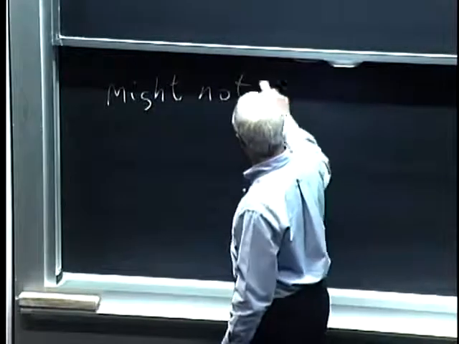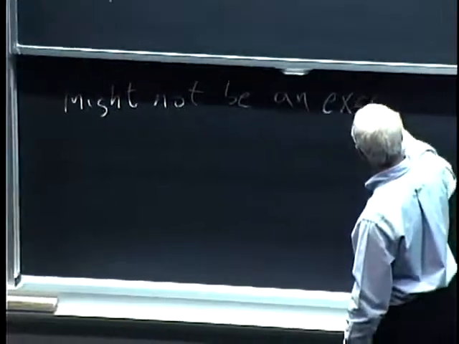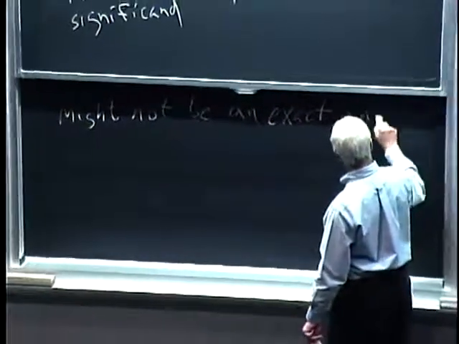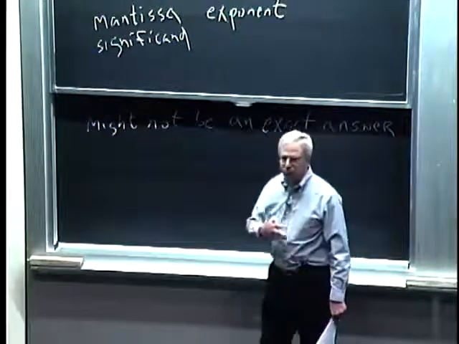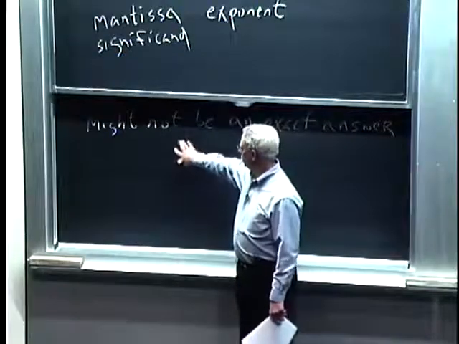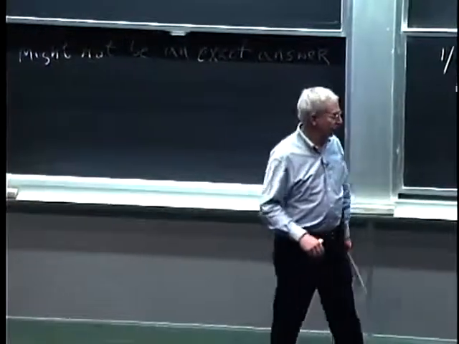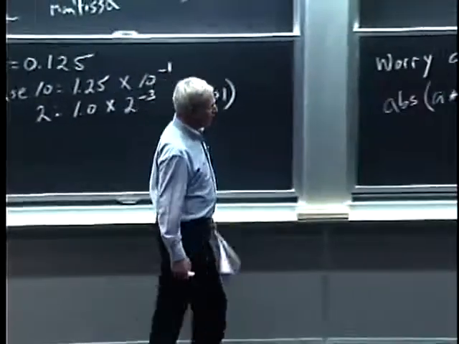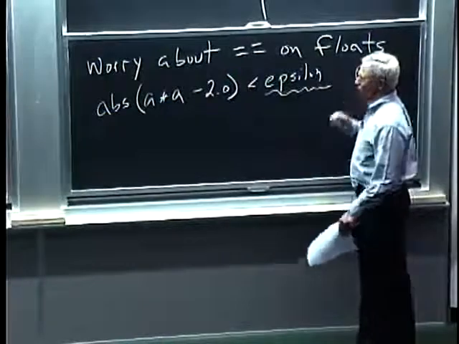what we've just seen, it might not be an exact answer. For example, the square root of 2. So we need to worry about that. And clearly, the way we're going to solve that, as we'll see, is using a concept similar to epsilon.